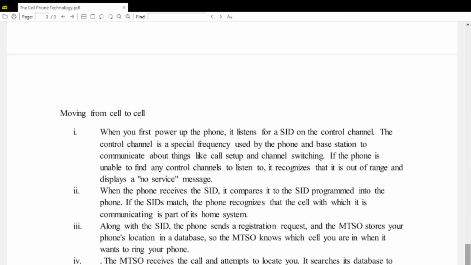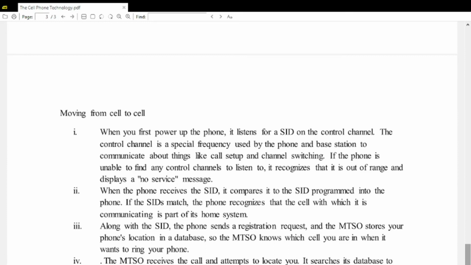Now, once the MTSO is able to locate your device or your cell location, it will select certain frequency pairs to use with your phone in that particular cell you are operating from in order to accept the call.